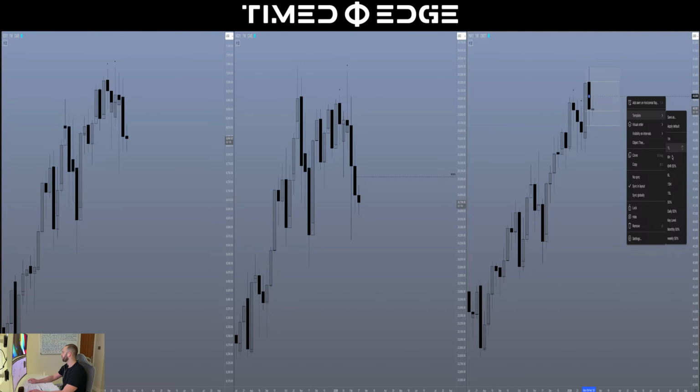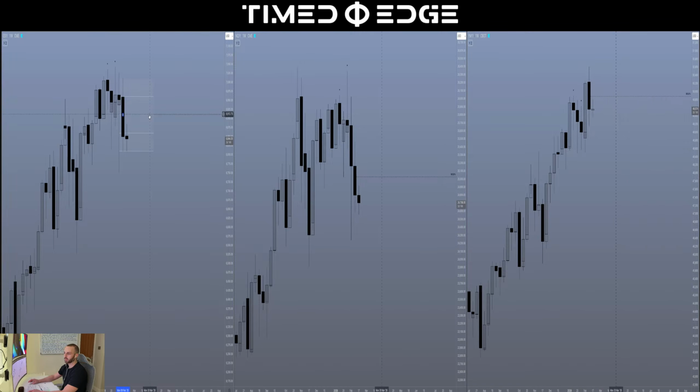Equal lows formed over there, it's probably going to be targeted anyway. I'm not saying these levels are going to be hit. Possibly, price might draw into these levels, and then we can fade the move into this level, and then we can draw it back into these lows if that's what's going to happen.